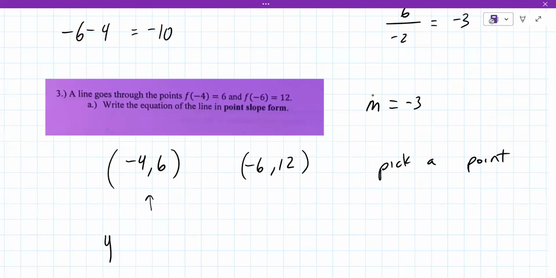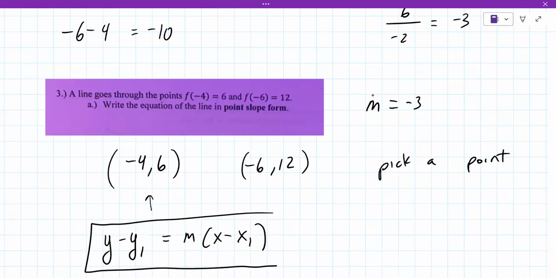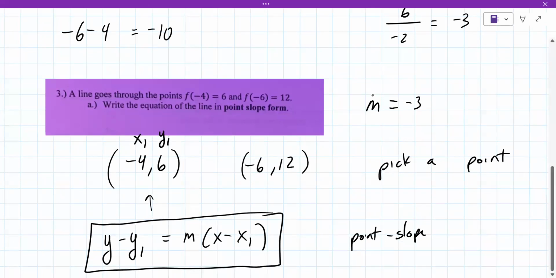That's fine. y minus y1 equals m times x minus x1. This is point slope form, maybe something else to put on that note sheet. The point you chose is x1 and y1. You have m.